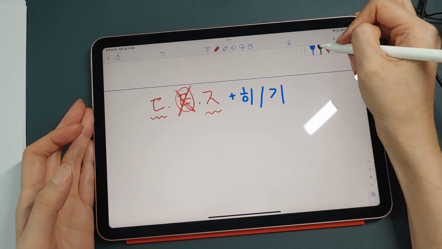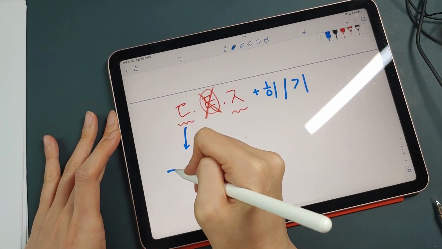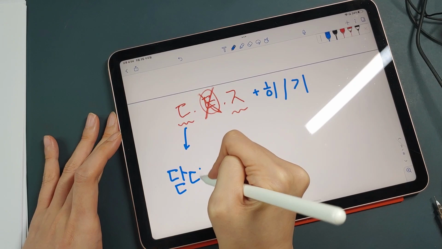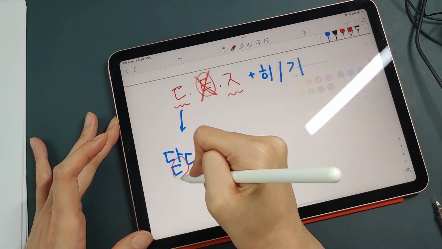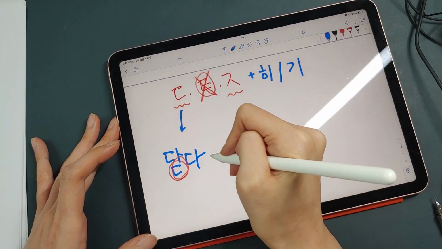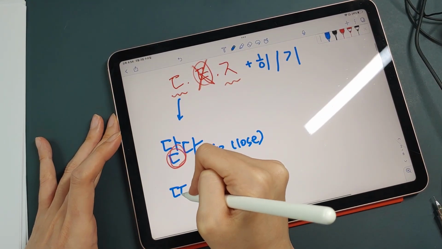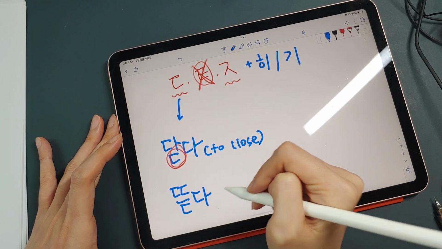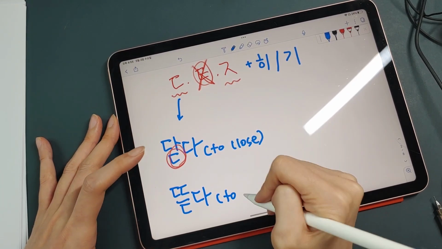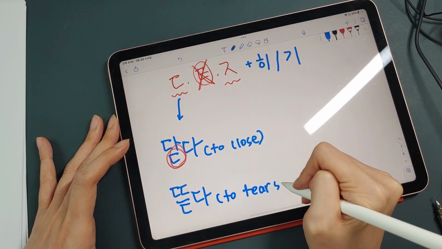So for example, guys, 닫다 ends in 디귿 받침, right? And 닫다 means to close. And 뜯다, guys, has a lot of meanings, but one of them is to tear something open.